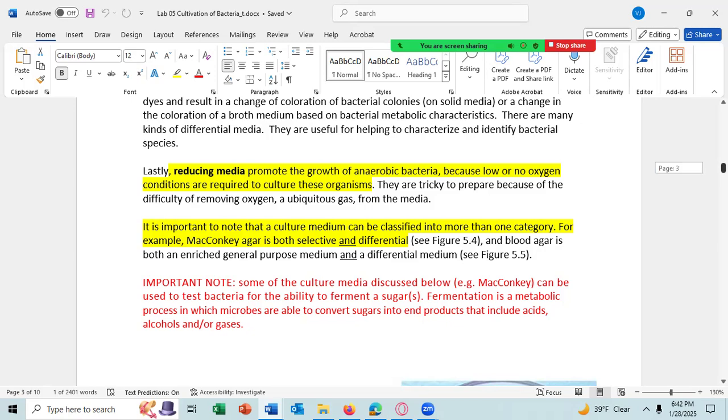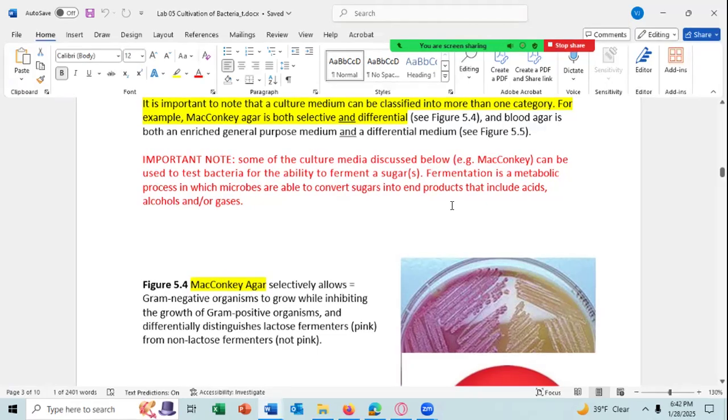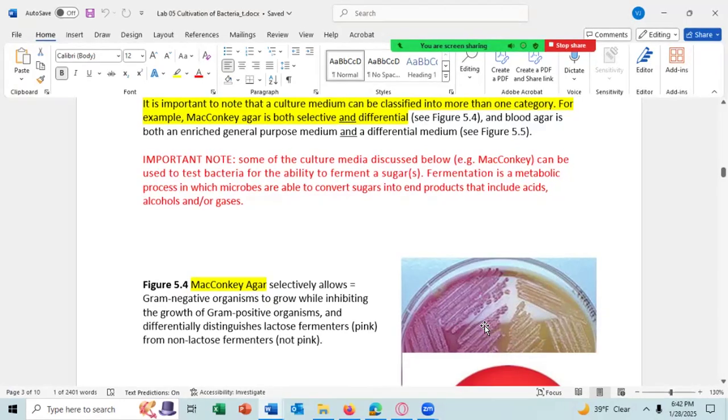McConkey's agar is selective because it has additives that allow gram negatives to grow, but select against gram positives. So usually if we get growth on a McConkey's media plate shown here, it will select against gram positives, they usually don't grow, and select for gram negatives, they usually do grow.